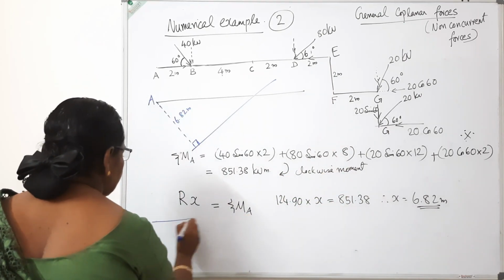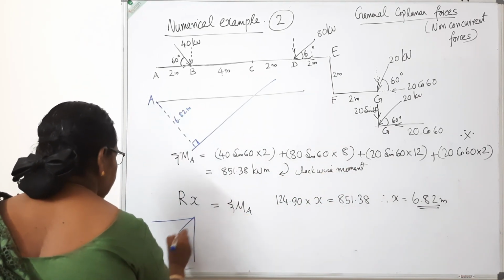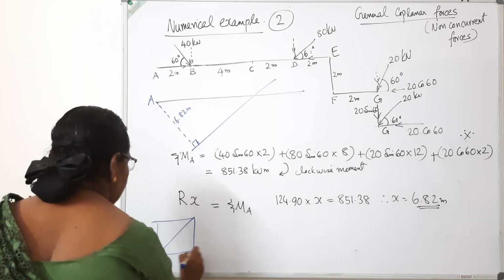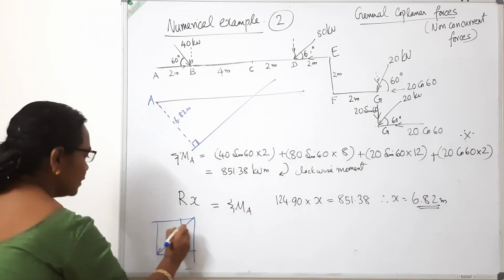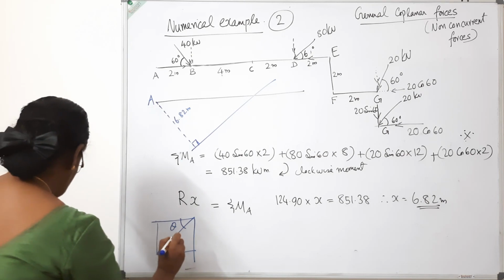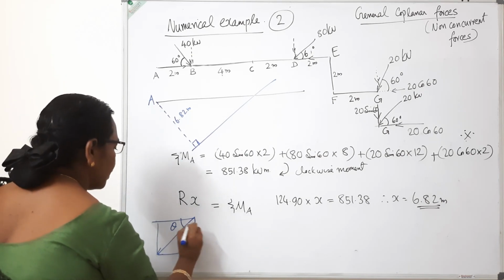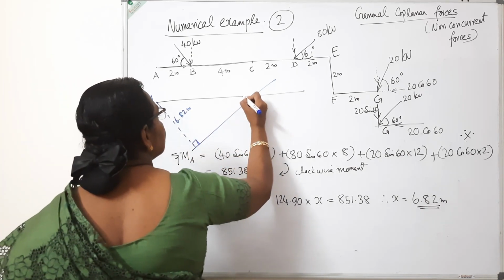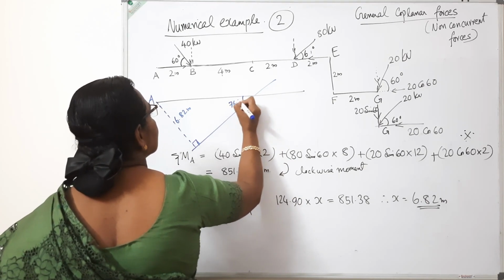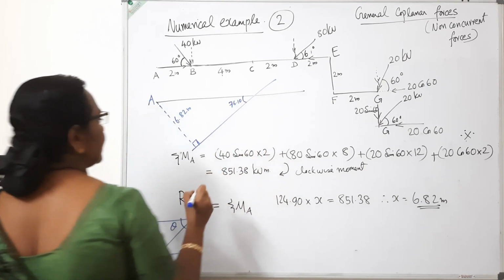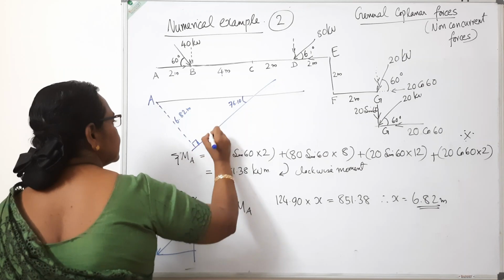We have seen earlier the resultant is like this, and its angle theta is 76.1 degree. So this angle is 76.1 degree, and the direction of the resultant is like this.